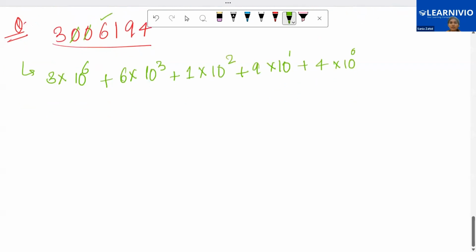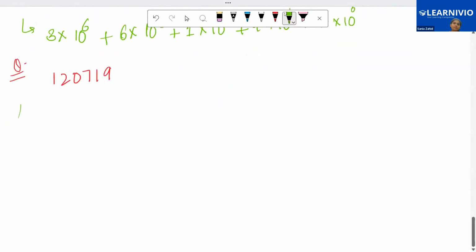Now next. Manha, tell me 120719. How do you write this in expanded form? 1 into 10 to the power 5.